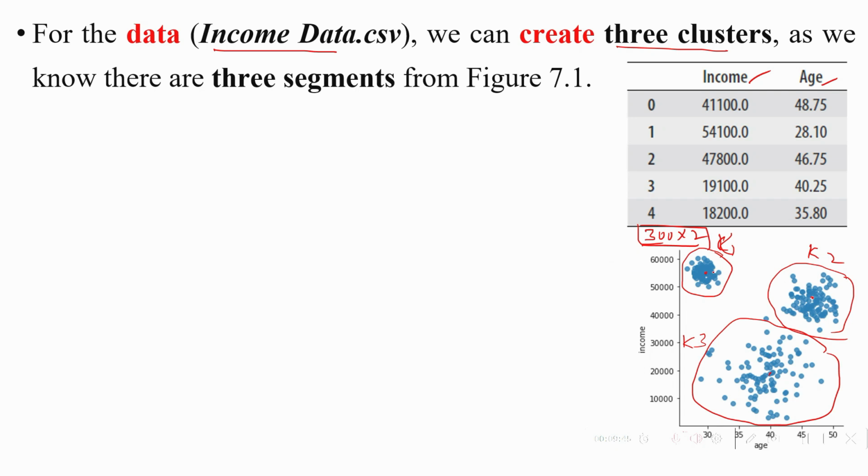Then we find the distance from each element to the corresponding centroids, and we adjust the centroids in the different iterations based on the principles that the intra-cluster distance must be minimized and the inter-cluster distance must be maximized.